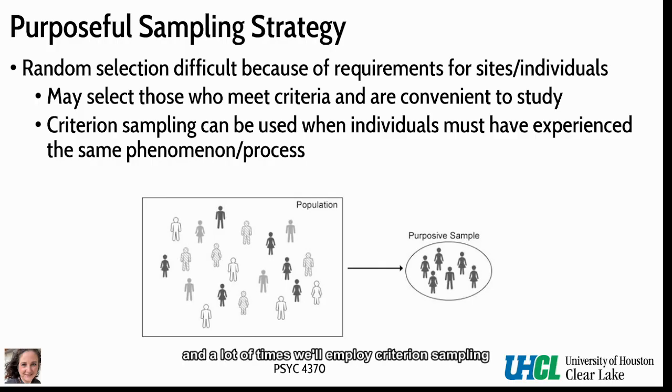And a lot of times we'll employ criterion sampling, where you have individuals that have to have experienced that phenomenon or process in order to be included. Again, I'll go back to the example I was talking about earlier, first-generation college students. So that is the criterion to being in the study. If you are not a first-generation college student, then this is not for you.